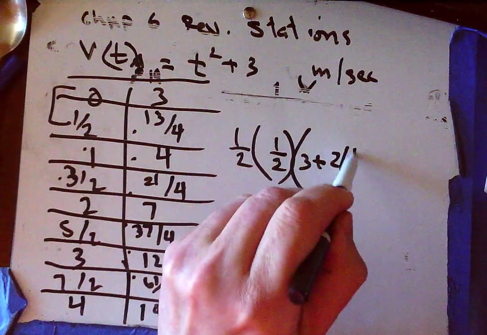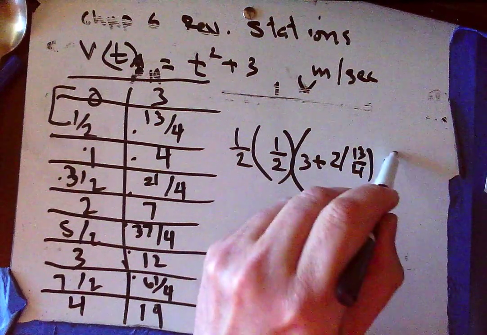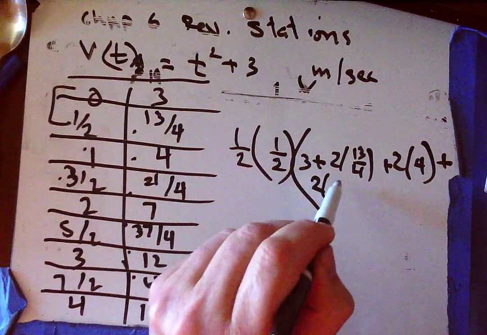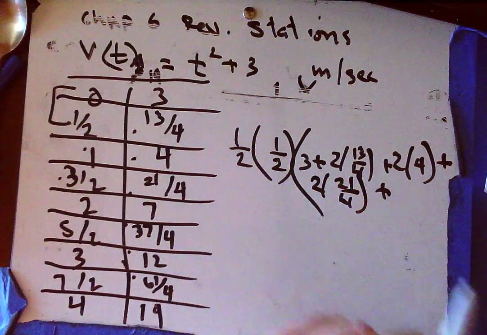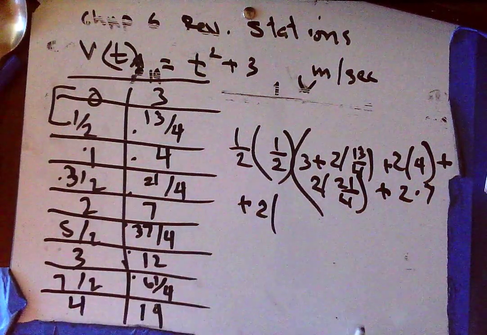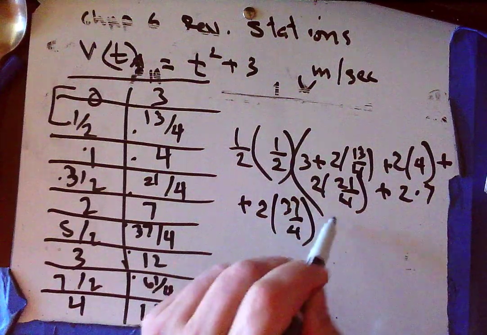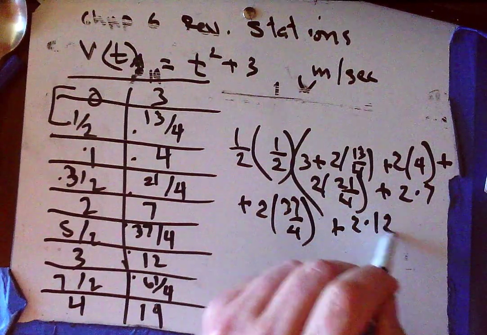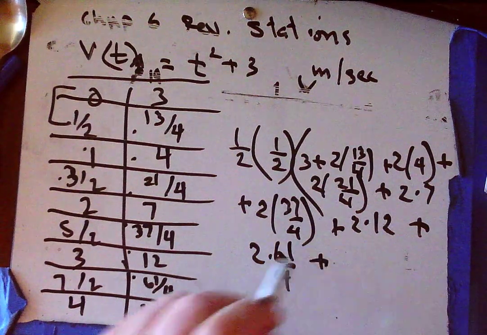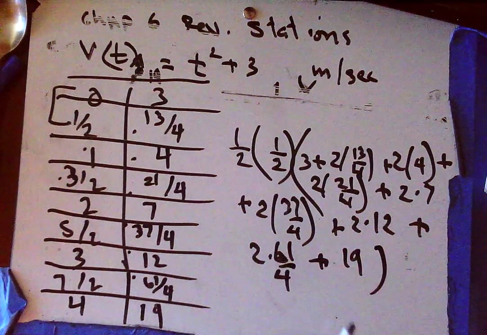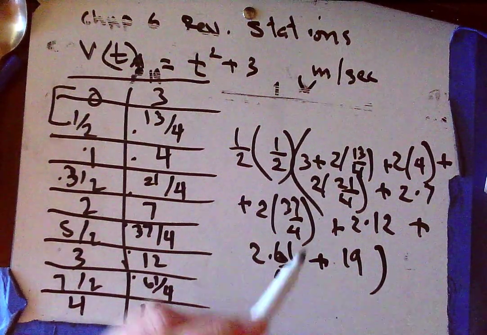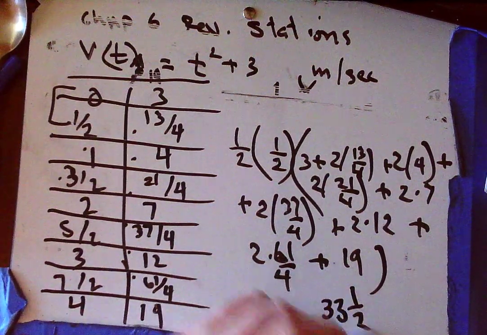So 2 times 13/4 plus 2 times 4 plus 2 times 21/4 plus 2 times 7 plus 2 times 37/4 plus 2 times 12 plus 2 times 61/4 plus only one of those 19s. And so that should be our trapezoid sum. And I end up with trapezoid sum getting 33 and 1/2.